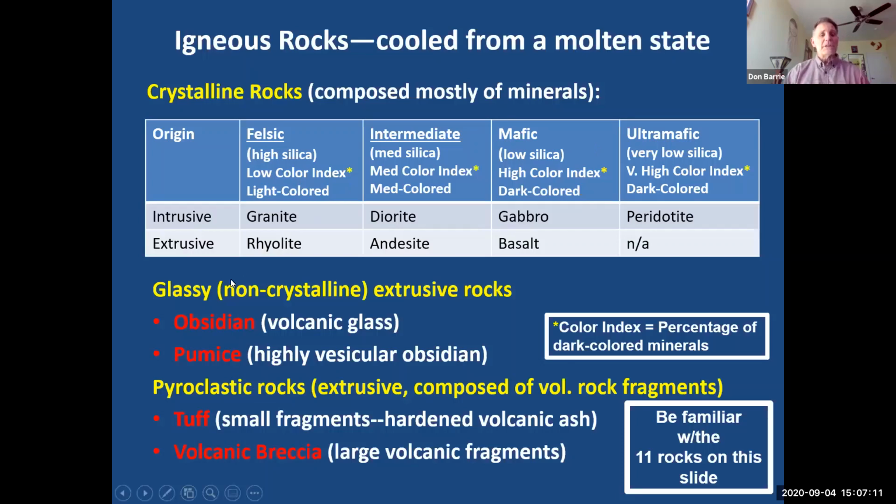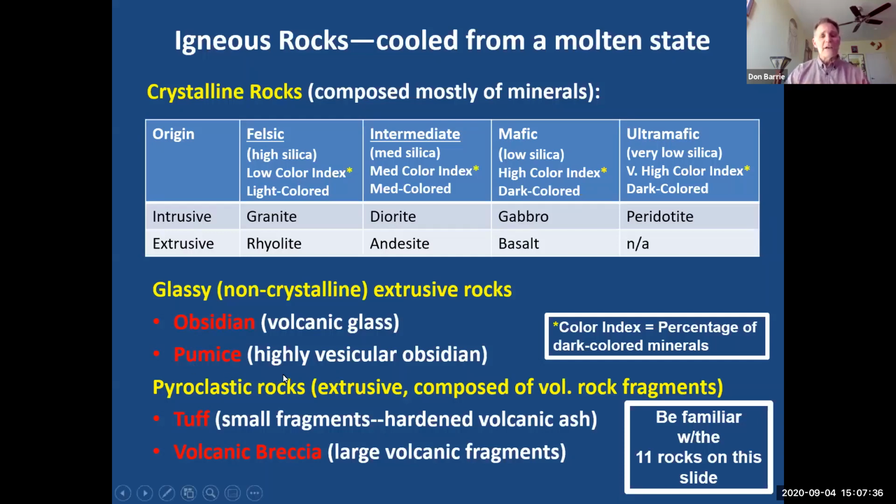Okay, so on to glassy rocks. Two main types of glassy rocks that we're going to look at in this class, including obsidian and pumice. They're both glassy rocks, but the difference is that whereas obsidian is a more or less solid mass of glass without many vesicles. Vesicles, by the way, are frozen gas escape bubbles that form on the rock as it's cooling.